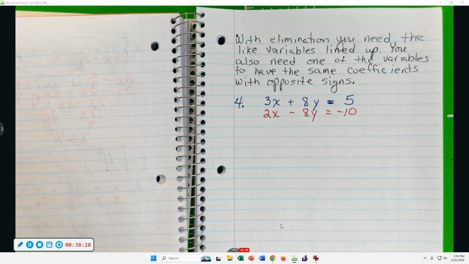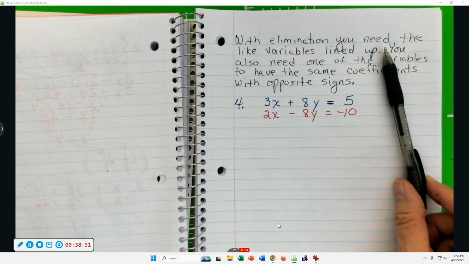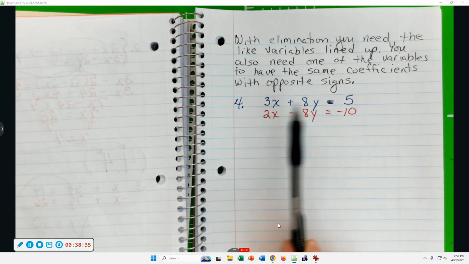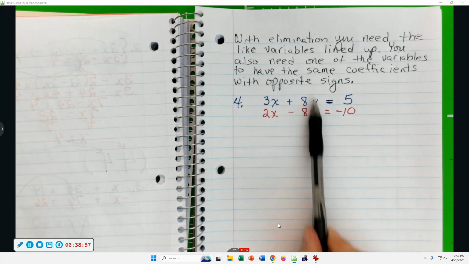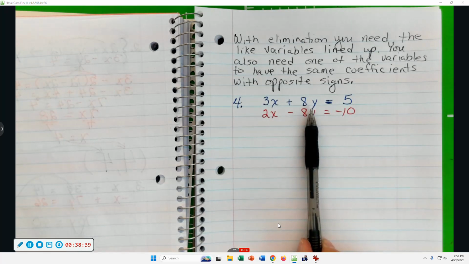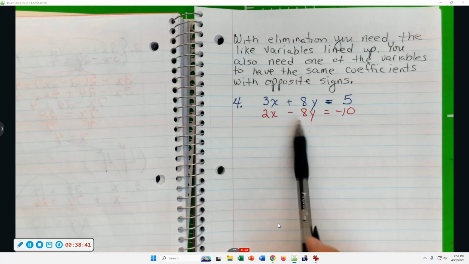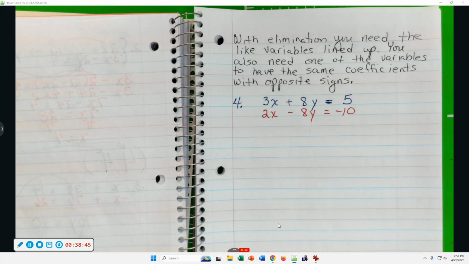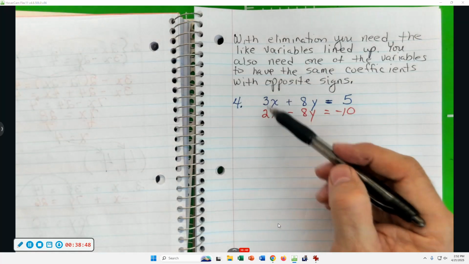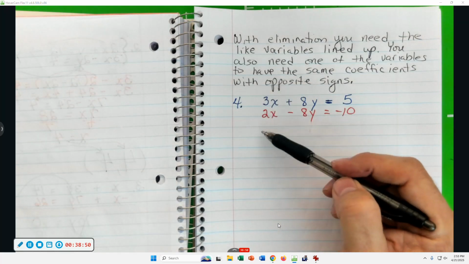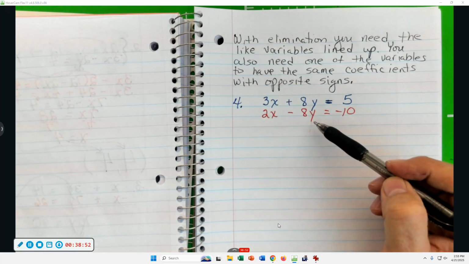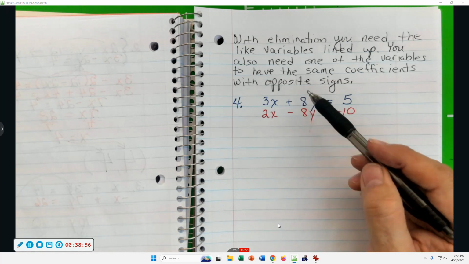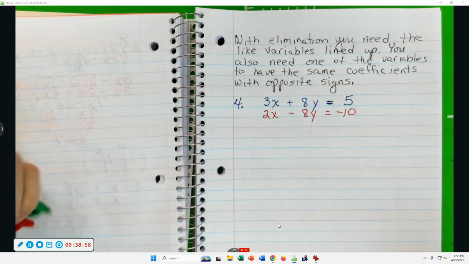Okay, with elimination, you need the like variables lined up. They are, right? X's are lined up and the Y's are lined up. You also need one of the variables to have the same coefficient but opposite sign. Well, the X's, no, those are different coefficients, 3 and 2. But look at the Y's. Tailor-made for elimination. We're ready to add the two equations together.